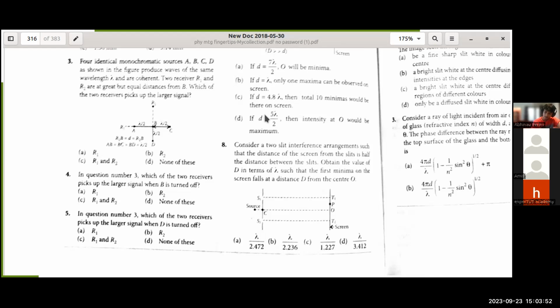If you turn off A, same, they receive equal signals, because now when you turn off A, for R1 B and C are cancelling and only D is the source, and for R2 B and D are cancelling, again only C is the source, right? So write down: if we turn off only A or only C, R1 and R2 receive equal intensities. Are you understanding this, Abhinav theorem?